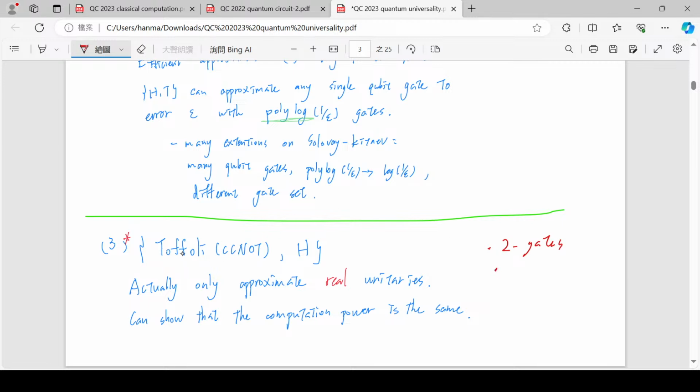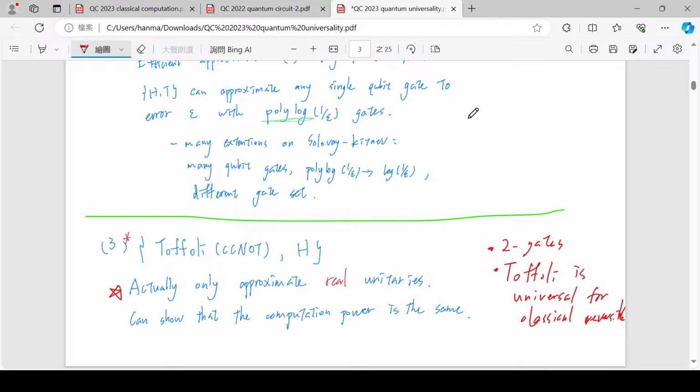And also, it's kind of a generalization of the classical universal gate, because you remember Toffoli is universal for classical reversible computation. Okay. So yeah, this is a nice extension of classical computation, classical universality. Okay.